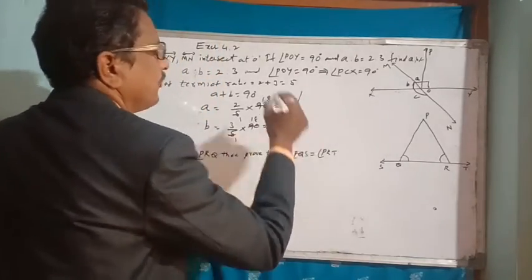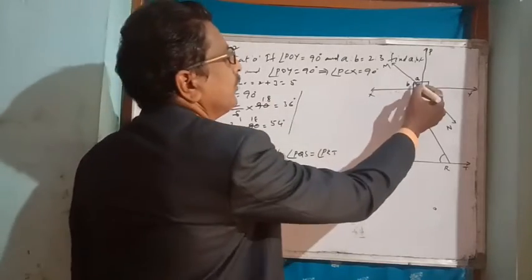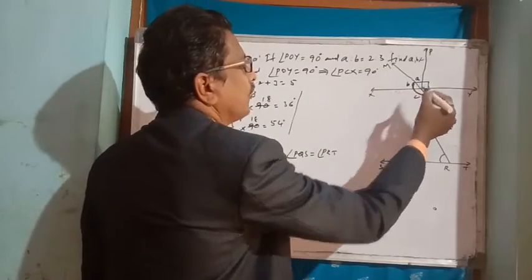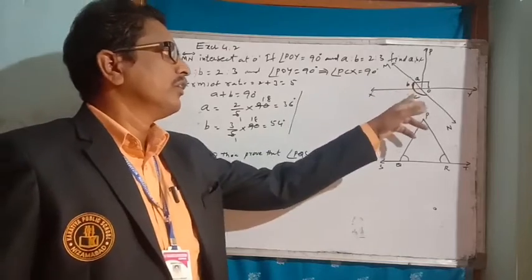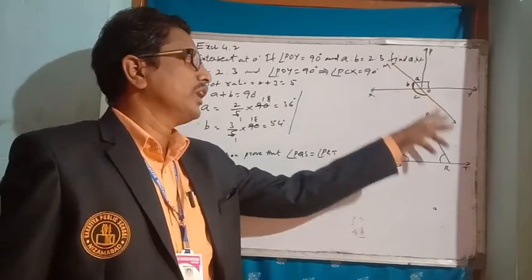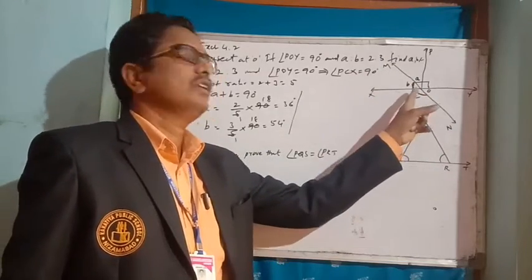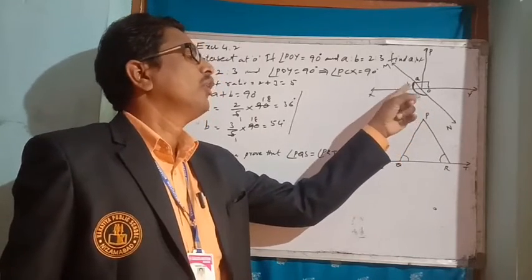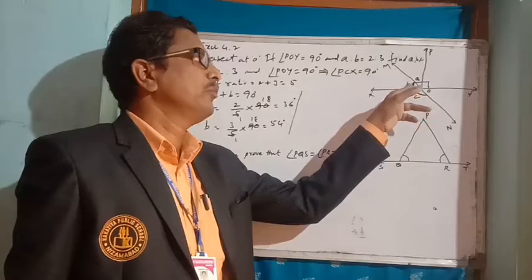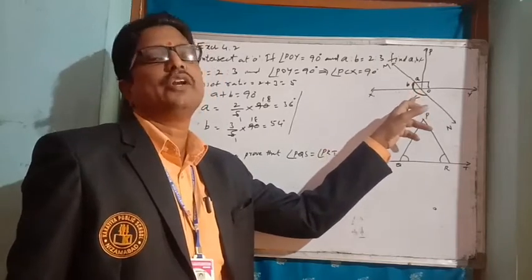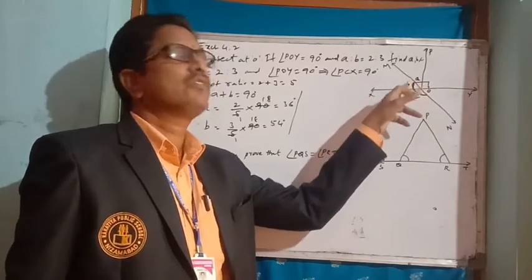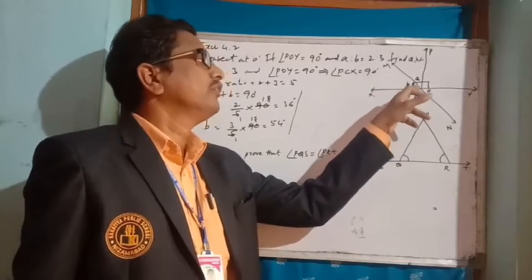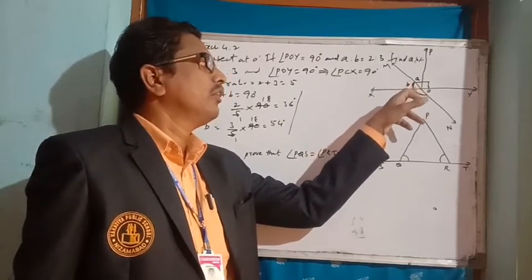How to find C? This is also one linear pair. This is the straight line. The XC ray stands on the line. Therefore, linear pair means the sum of two adjacent angles equals 180 degrees. On the straight line, a ray stands, therefore this is called a linear pair.